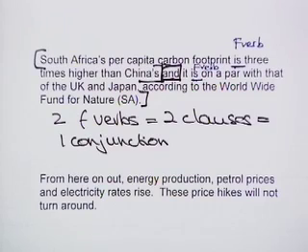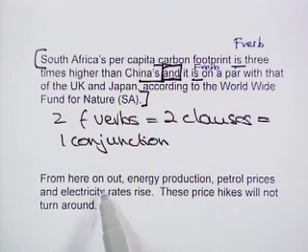Right, one more example here. Let's have a look at it. We've got 2 sentences with a full stop in the middle of them. Let's see what we've got. From here on out, energy production, petrol prices, and electricity rates rise. These price hikes will not turn around. Find your finite verbs.